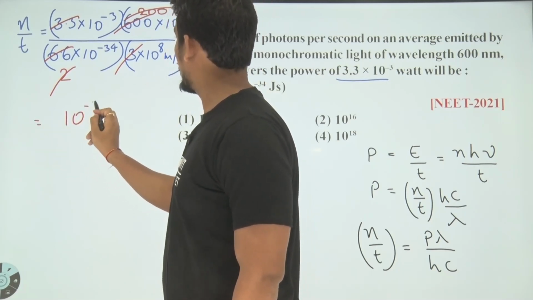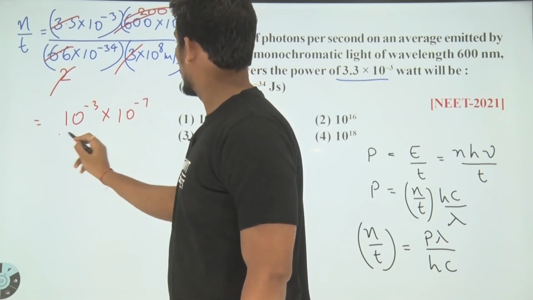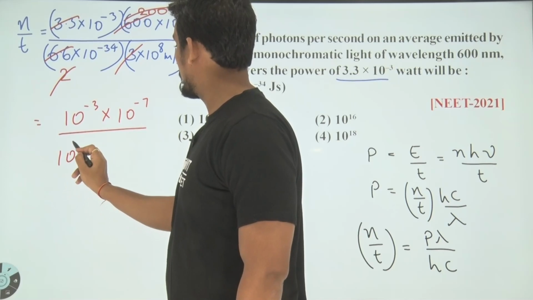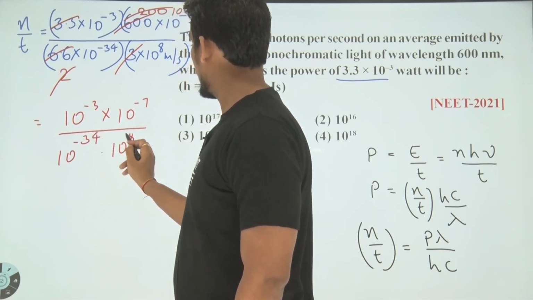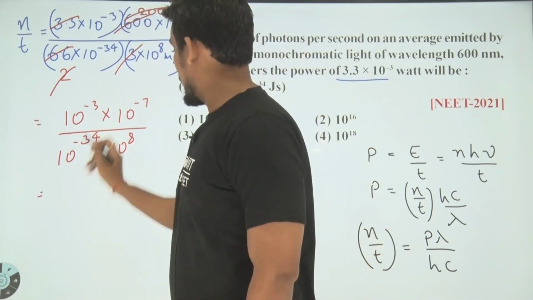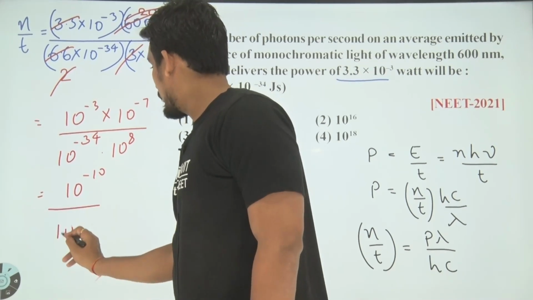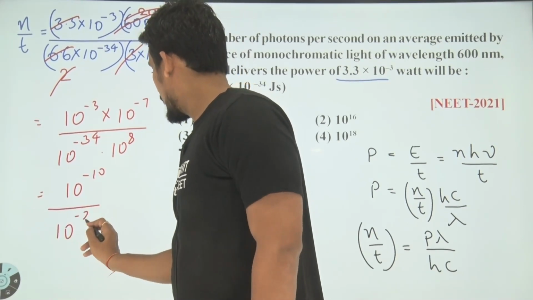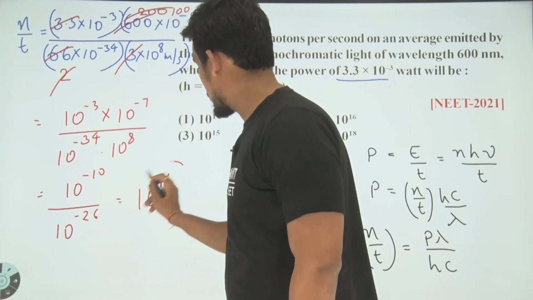I have 10 to the power minus 3 into 10 to the power minus 7 whole upon 10 to the power minus 34 into 10 to the power 8. Yes or no? Now solve this value. You would get this as 10 to the power minus 10 whole upon 10 to the power minus 26. And this would come out to be 10 to the power 16.